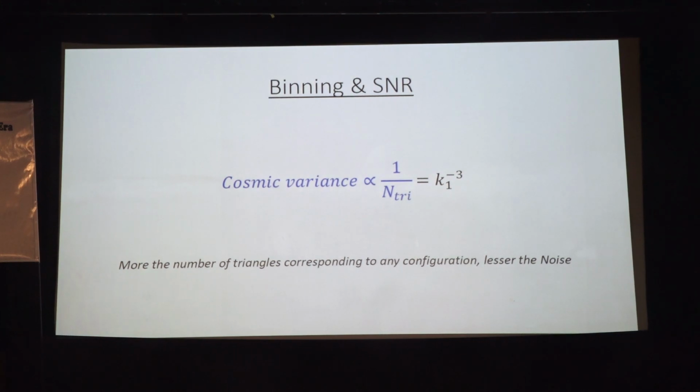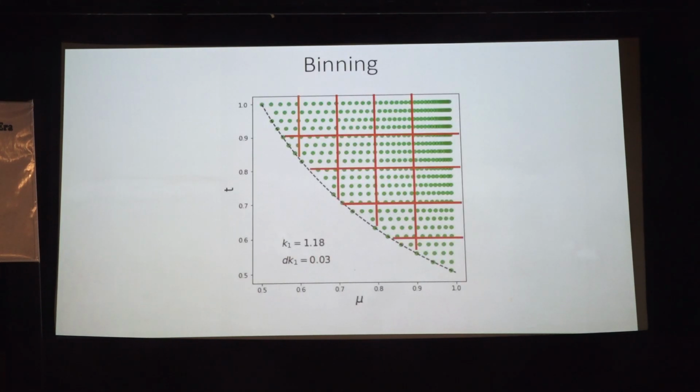The second important thing in our study is that cosmic variance is inversely proportional to the number of triangle configurations we are taking. As we take more and more triangles corresponding to some bispectrum configuration, the cosmic variance drops down. This is a typical mu-t space diagram.